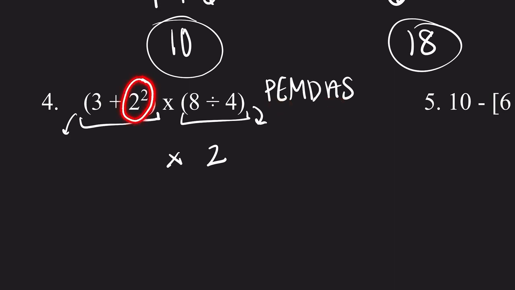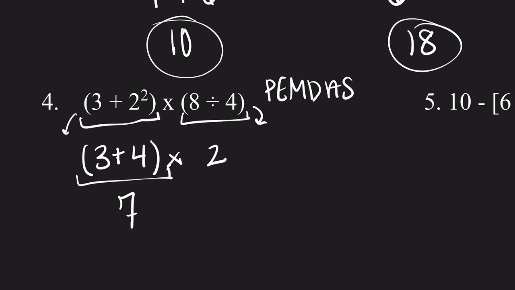So we're actually just going to start by looking at this piece right there. So 2 to the power of 2. 2 squared is 4, right? That's just 2 times 2. Now, we still just have these basic parentheses. 4 plus 3 is 7 times 2. 14.